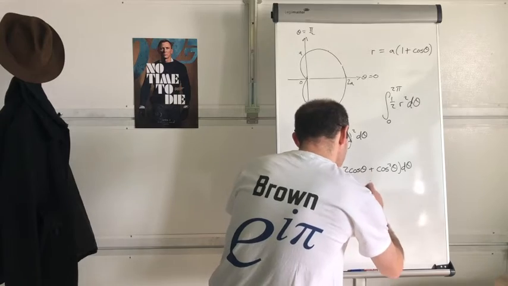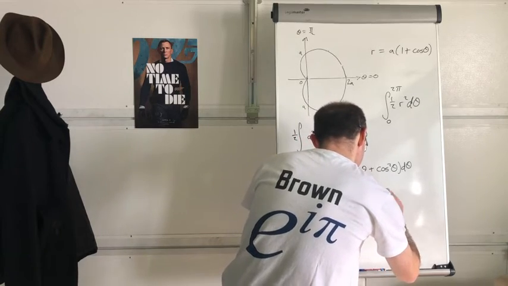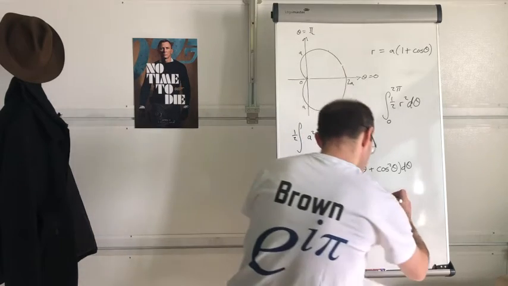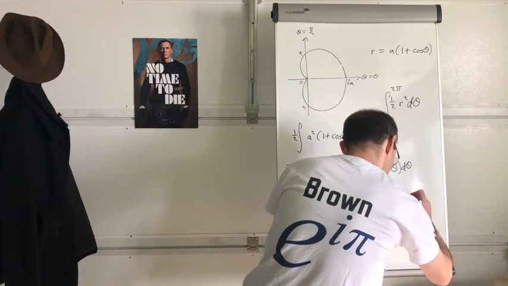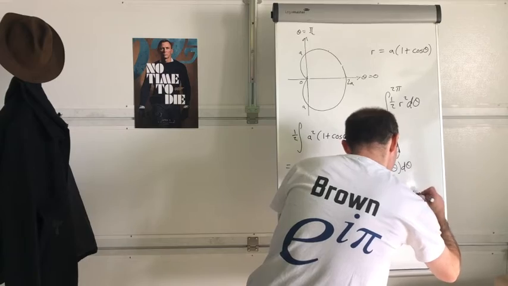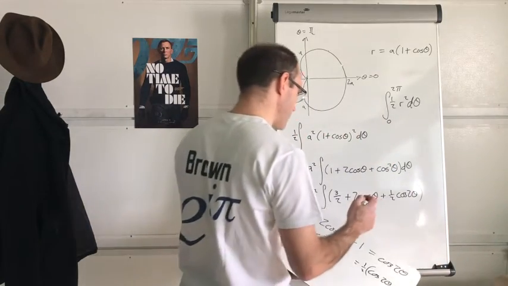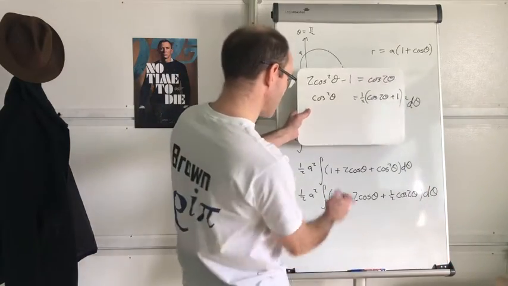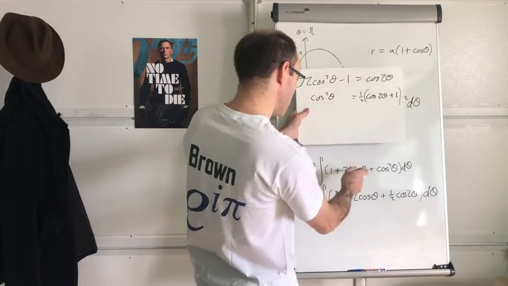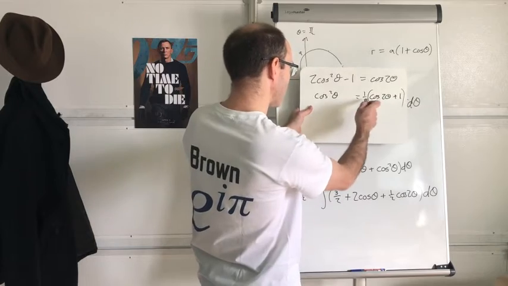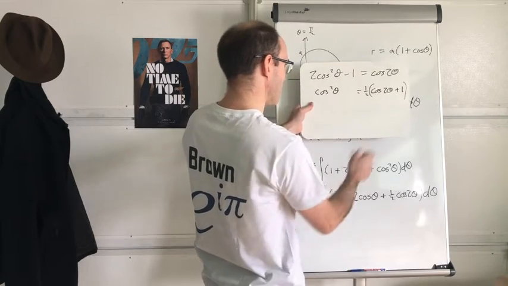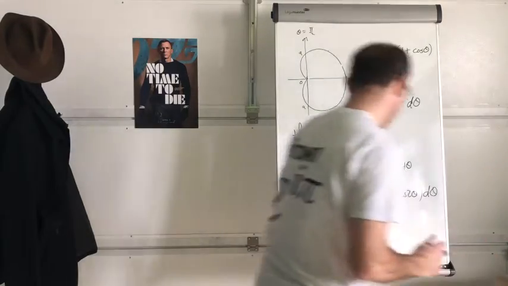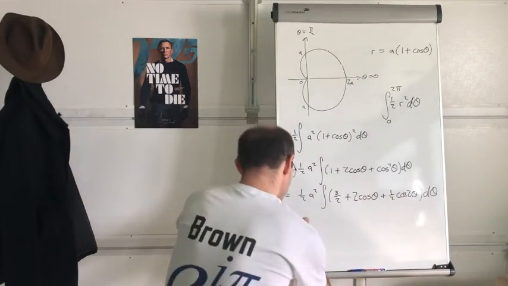And then that's going to be 2 cos theta. And then the cos squared theta bit, that's half cos 2 theta plus a half cos 2 theta. Does that make sense to you? Hoping so. So the 1 plus 2 cos theta plus cos squared theta, that's that: 1 plus the half, 3 over 2, and then the half cos 2 theta. Great. And then we just integrate that.